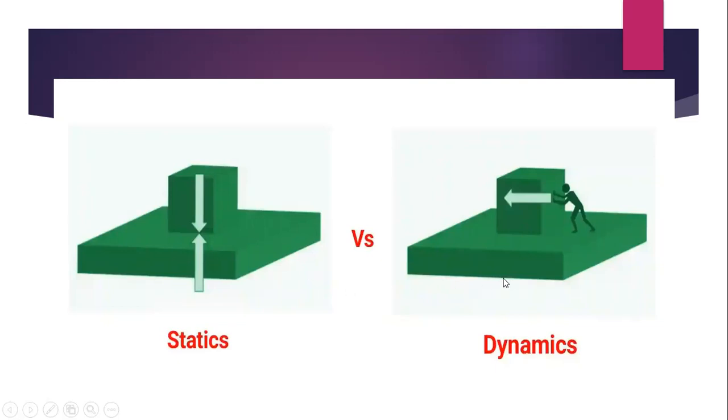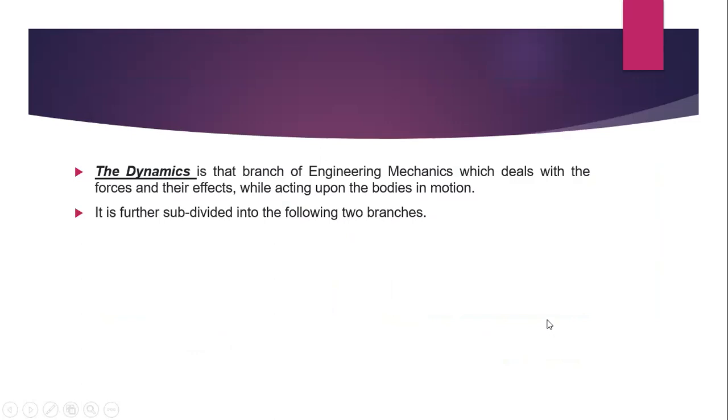When you take dynamics, the same rigid body is subject to moving condition, that is motion. So we apply the force according to the direction of movement of the object, and we call that study dynamics. These are the two different branches in engineering mechanics.